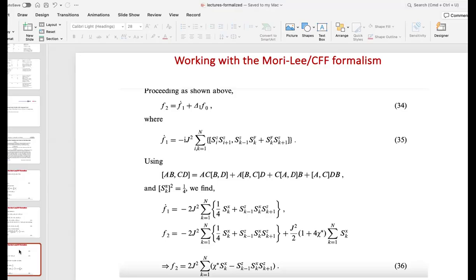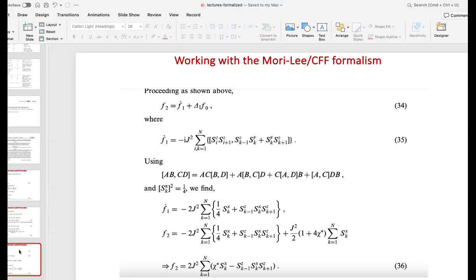So these two terms, this first term on the right side, the SXK piece, and the second term on the right side of equation 36, SXK piece will cancel out. And you'll be left with this new F2 structure, which is 2j squared chi star SXK, which is that term, the extreme right term, minus the 3 spin term.